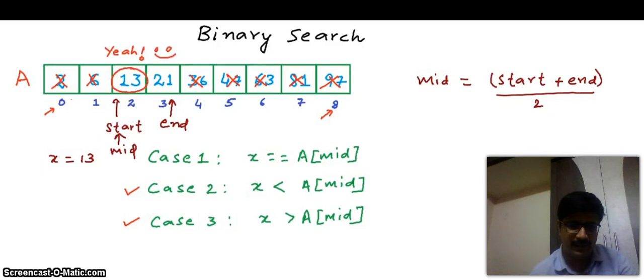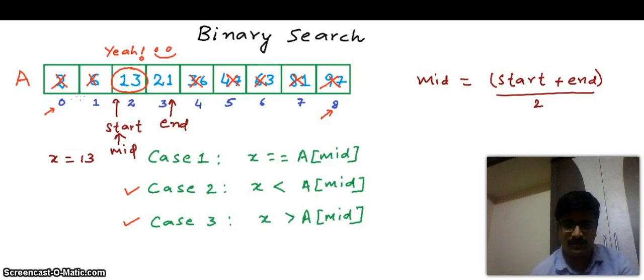This kind of search where we reduce the search space into half at each comparison is called binary search. Once again, we are able to reduce the search space into half only because the array is sorted. Array being sorted is a precondition for binary search.